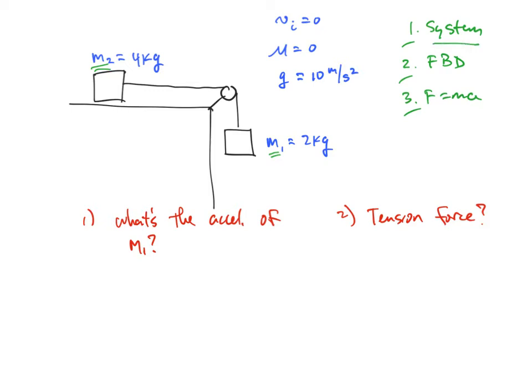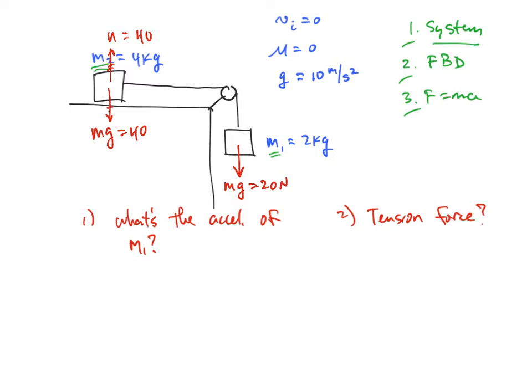And if I think about the forces that act on the 2 block system, I've got M1g here. So I've got this mg, which is 20. I've got mg here, which is 40. I've got a normal force here, which is also 40.